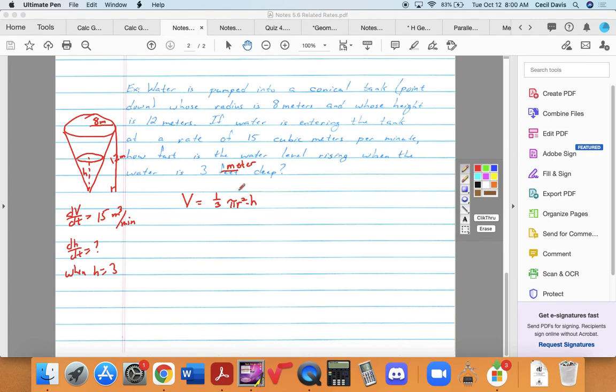No. So you could take the derivative of this with respect to t. You would have to use the product rule over here. But there is a better way.